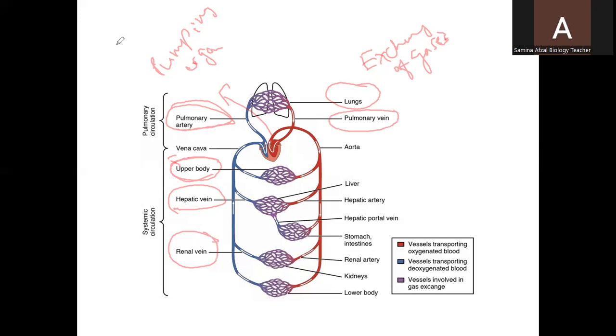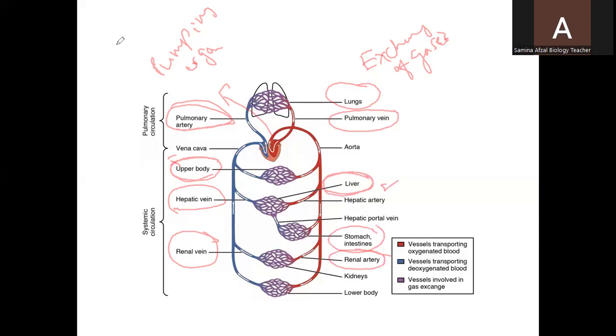So the oxygenated blood is supplied to the liver by the hepatic artery, and blood is also supplied to other organs such as the stomach and intestine, and the renal artery is there to supply the oxygenated blood to the kidneys.